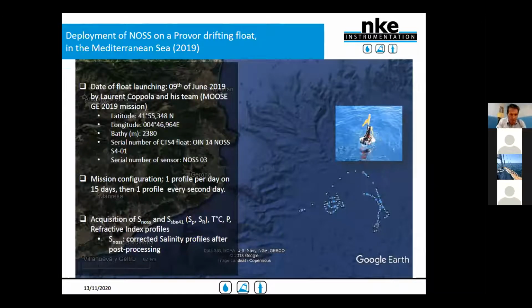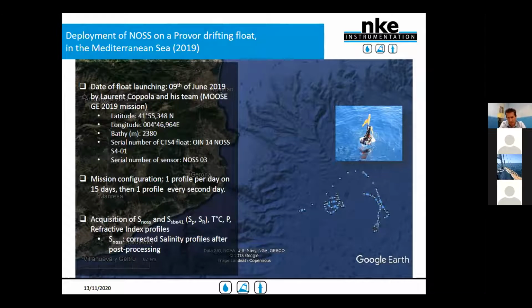So now I will show you some results of a demonstration of the NOSE sensor on a new generation of profiling drifting floats in the Mediterranean Sea. In 2019, we configured a mission of the NOSE sensor mounted on a profiling float: 1 profile per day for 15 days, and then 1 profile every second day.